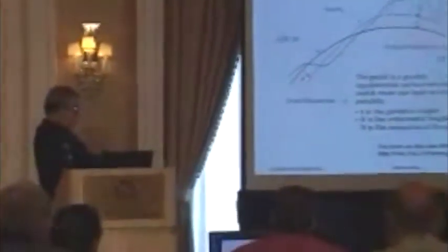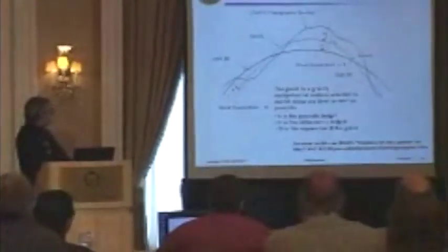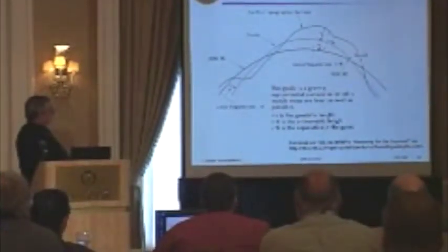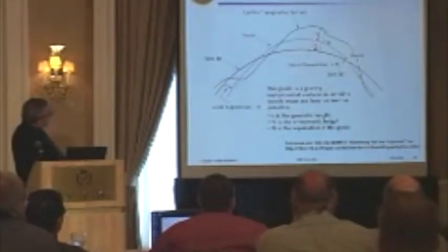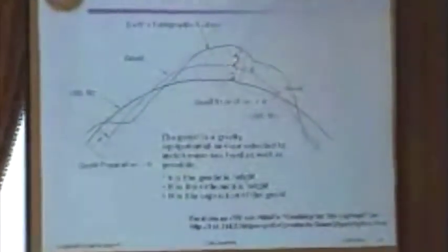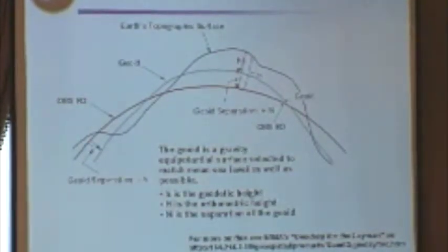I guess I just shot myself. N. And we approximate that separation. Oh, the big H. Big H is the perpendicular distance from the geoid to some point. The point here happens to be on the surface, but it could be up here. So the perpendicular distance from the geoid to some point is called orthometric height.